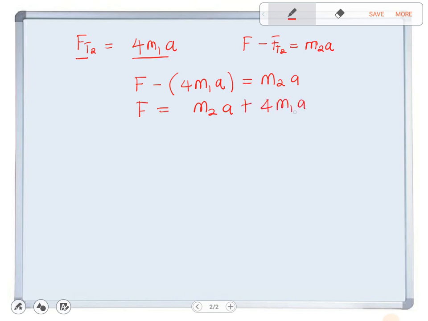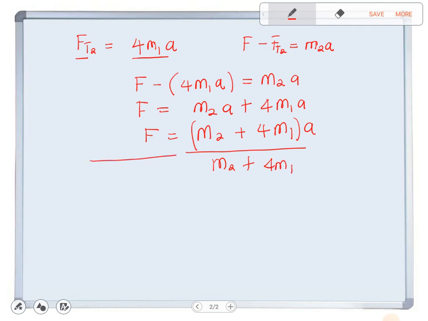We can factorize A, so that we remain with M2 plus 4M1 and acceleration out. So now you divide by M2 plus 4M1 on both sides.